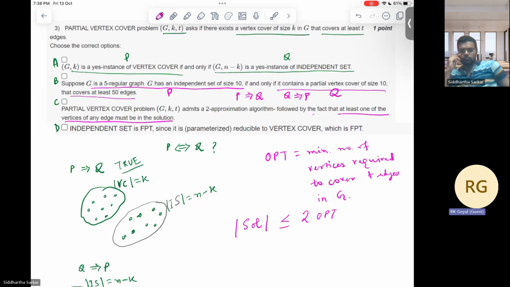Largest possible because out of the t number of edges, we have taken at least one vertex out of those t edges. I mean, this will definitely find a vertex cover. All the edges will definitely get covered if we pick at least one vertex from every edge.